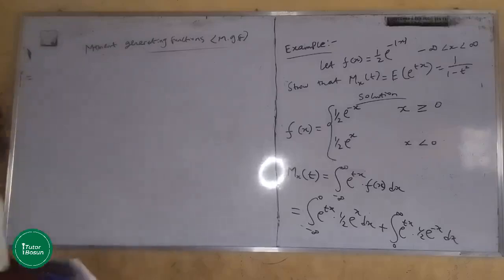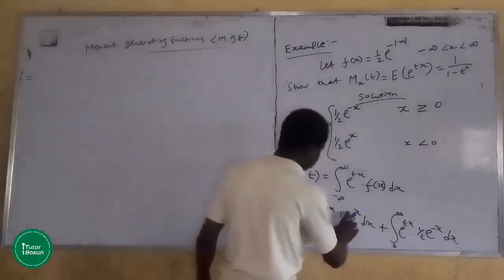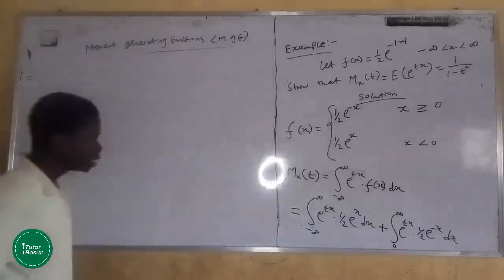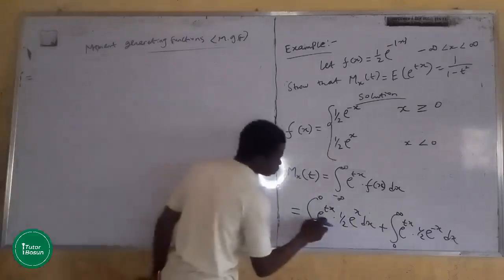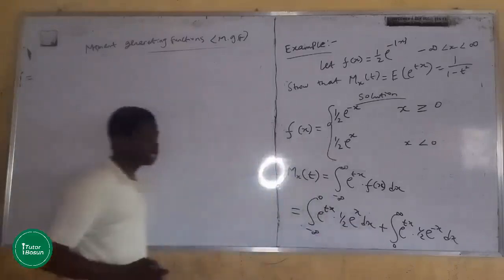By integration, this is a constant already, so we can bring out the constant, and we can also combine these two exponentials.